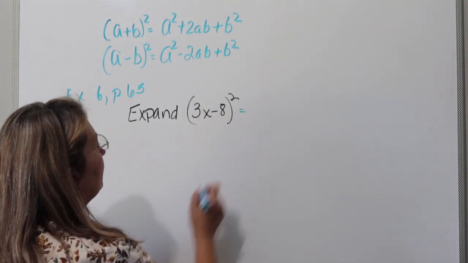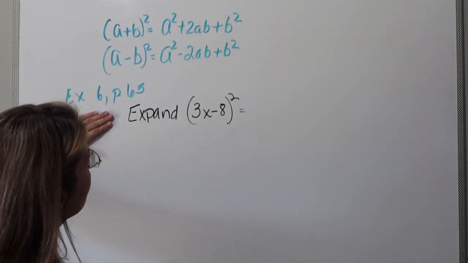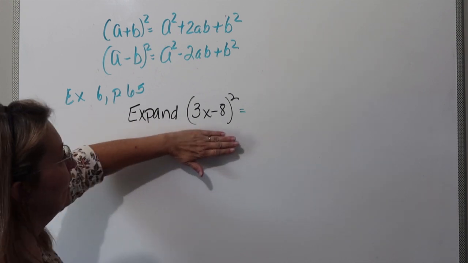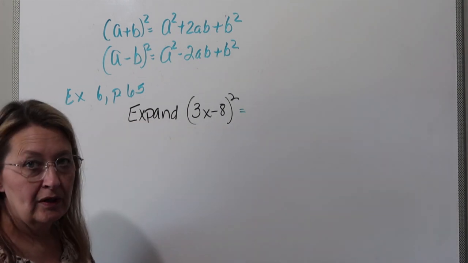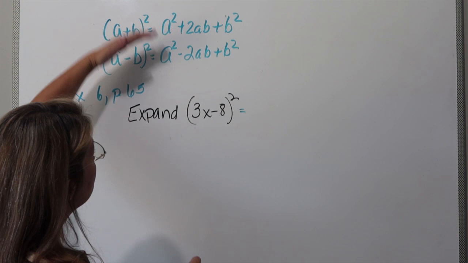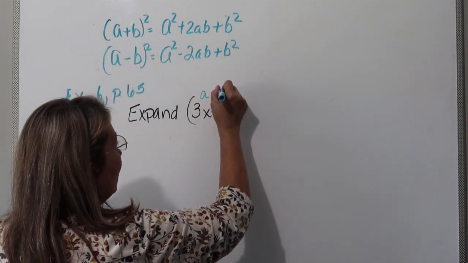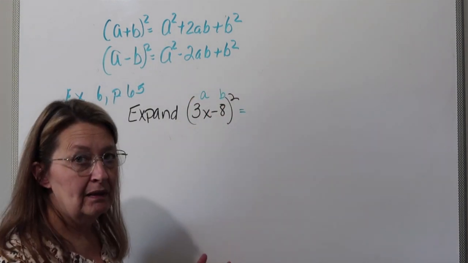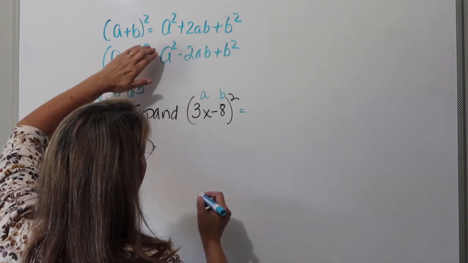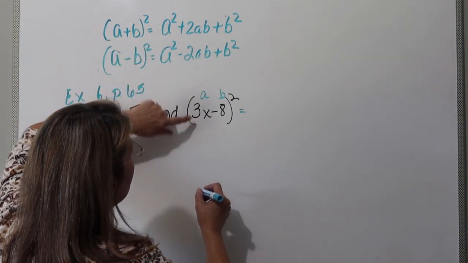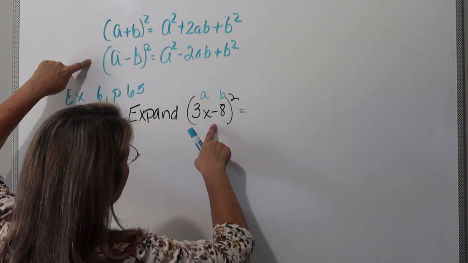So, let's go to this. Example 6, page 65 says expand 3x minus 8 squared. Alright, if I match it to my formula, this is a and this is b. So let's see how it would fill into the formula. Well, a squared, and I'd be using the bottom one because it's minus.